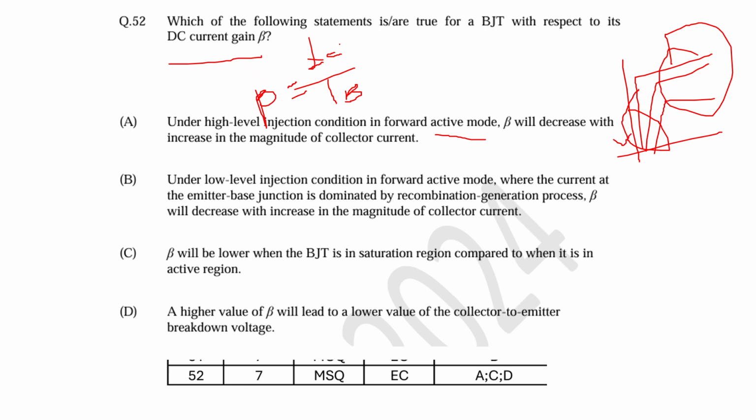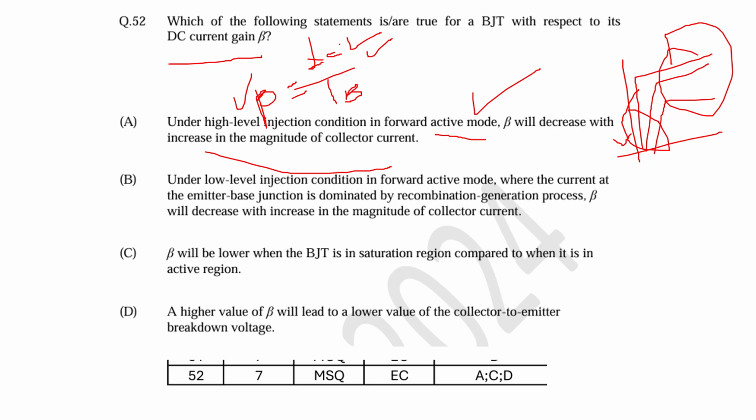Beta will decrease with the increase in the magnitude of collector current. So whenever magnitude of IC is increasing, IC by IB, if IC keeps on increasing, beta will also keep on increasing for high level injection condition. Yeah, this is true.